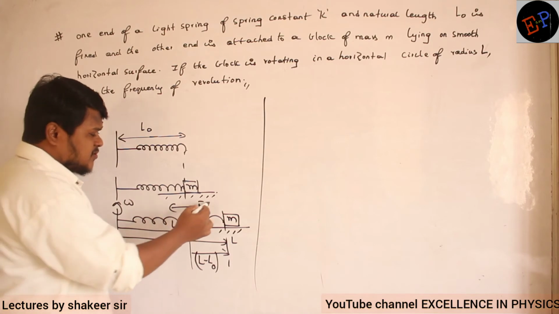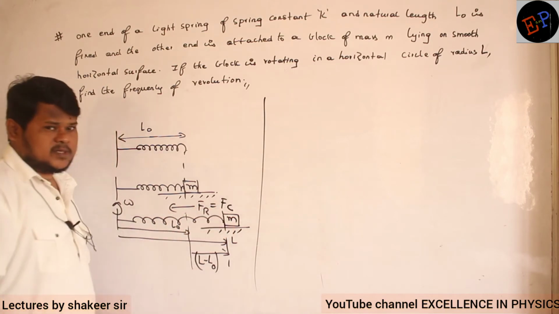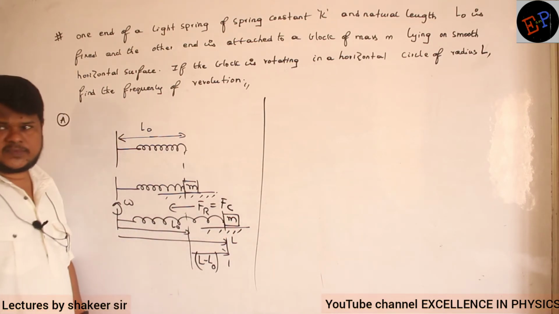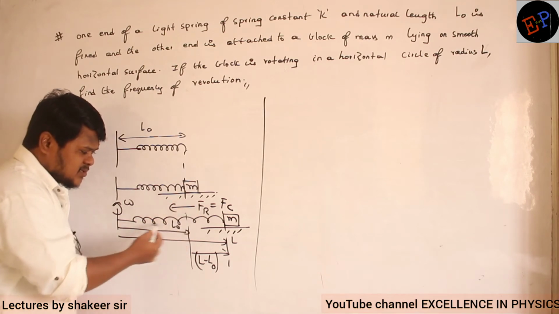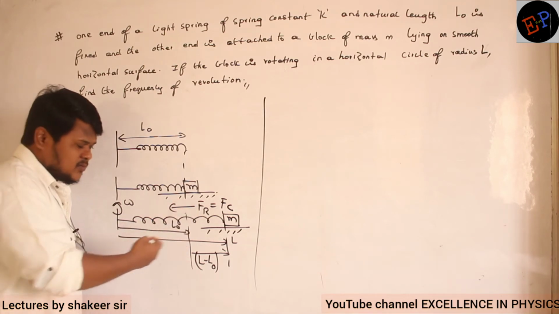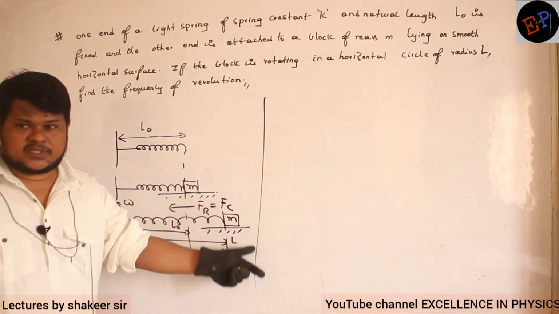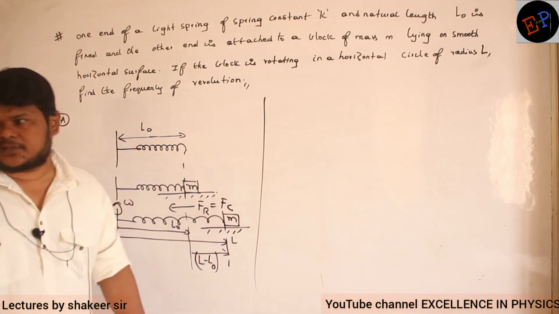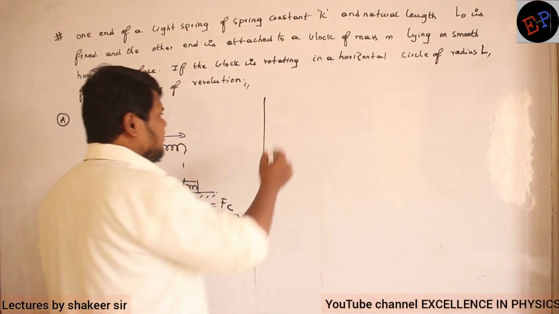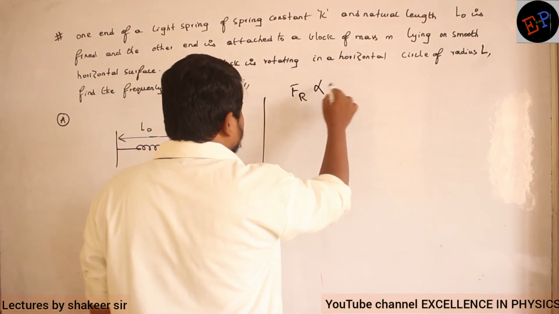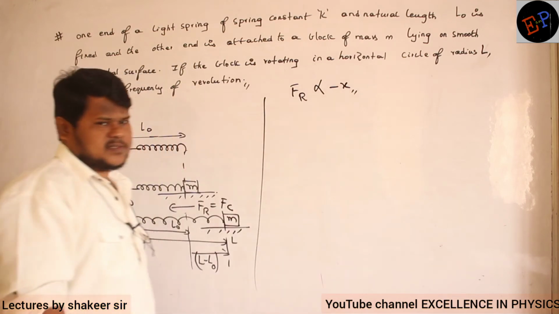This restoring force is nothing but the centripetal force, because that is the force acting towards the center. The restoring force will act in this direction only when the elongation is in the opposite direction. By Hooke's law, which we have already studied, restoring force is directly proportional to minus x.